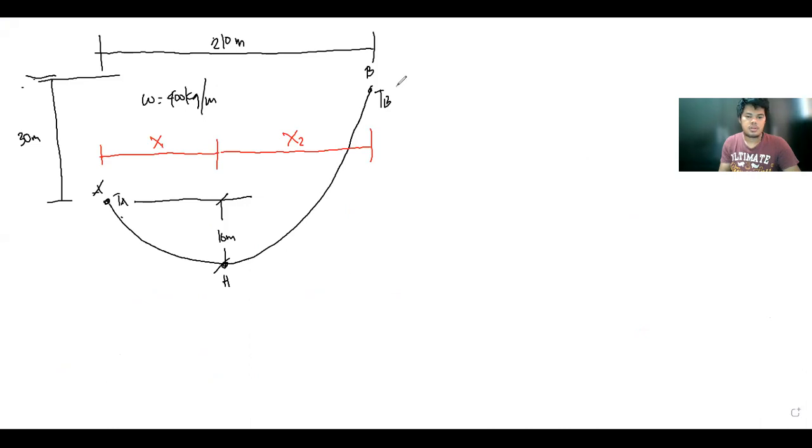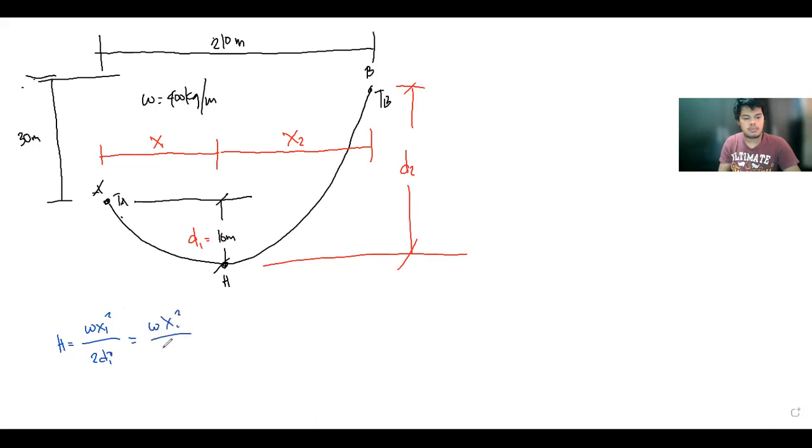We denote this one to be d2. d1 is said to be 10 meters. So according to the formulas, we can calculate H to be omega x1 square divided by 2d1 square, or basically omega x2 square divided by 2d2 square.